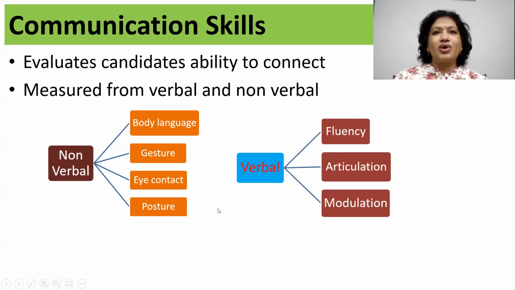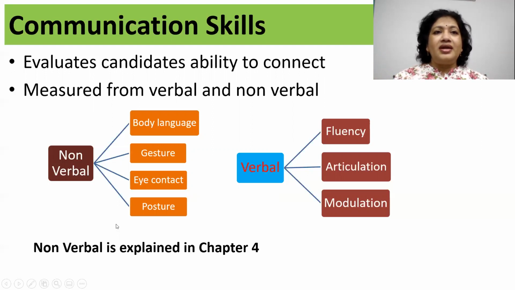In verbal, you have the fluency of what you are talking, articulation, how good you are at articulating the sentence, clarity, and modulation, whether you're going on a straight line or whether there is modulation in whatever you are speaking. So we have verbal and non-verbal, and I have written here that non-verbal is explained in chapter 4.